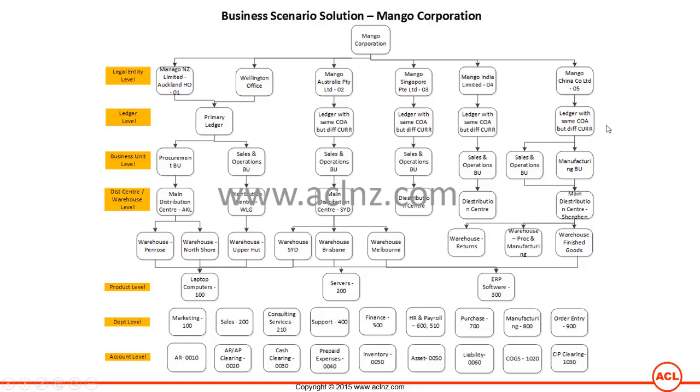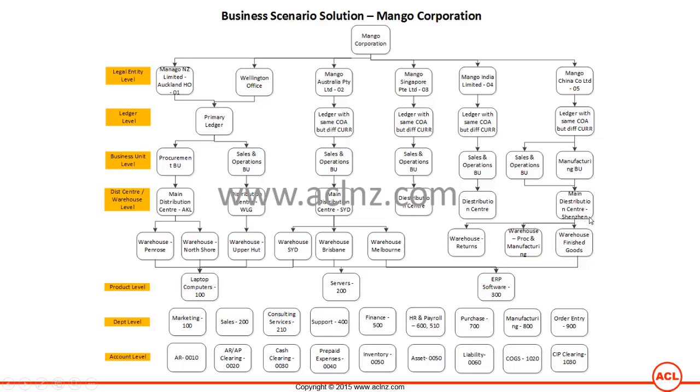In terms of their business, they are into the business of manufacturing and selling laptops and servers. In terms of services, they also manufacture ERP software and sell them. So the manufacturing of laptops and servers happens in China, which is where they have got a factory located.